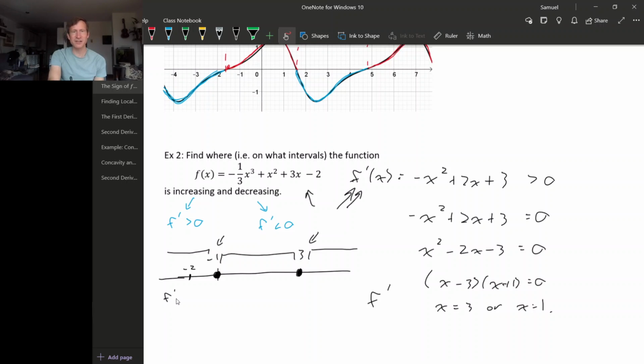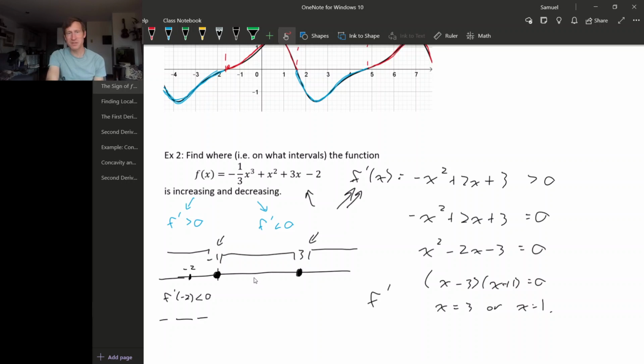If we evaluate f prime of -2, what we get is, let's see, -2 squared is 4, so -4 minus another 4 is -8, plus 3 is -5, so that's less than 0. So in other words, it's negative. So since f prime is negative at this value -2, it has to be negative on this whole interval to the left. So negative over here.